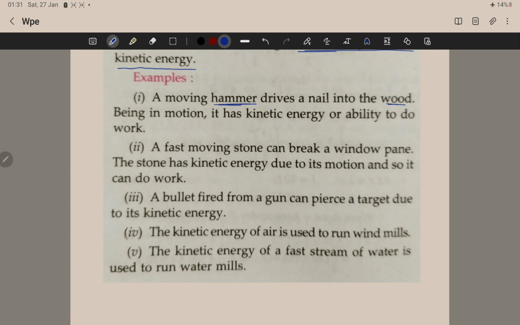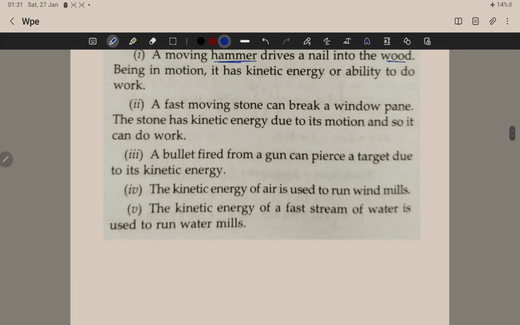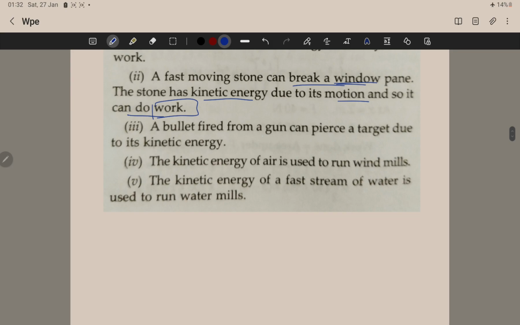That kinetic energy gets converted to drive the nail into the wood. Then a fast moving stone can break a window pane. The stone has kinetic energy due to its motion, so this can do the work. This kinetic energy is converted into the work of breaking the window. Okay. So bullet fired from a gun.